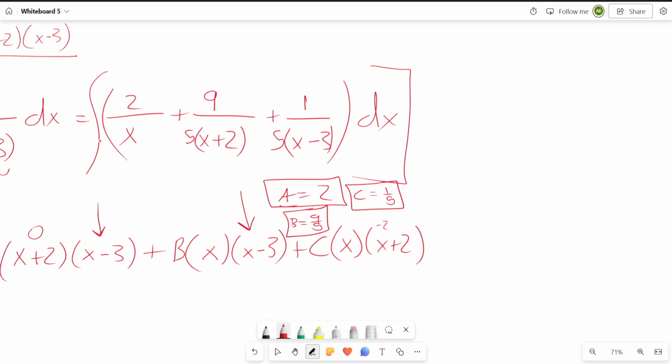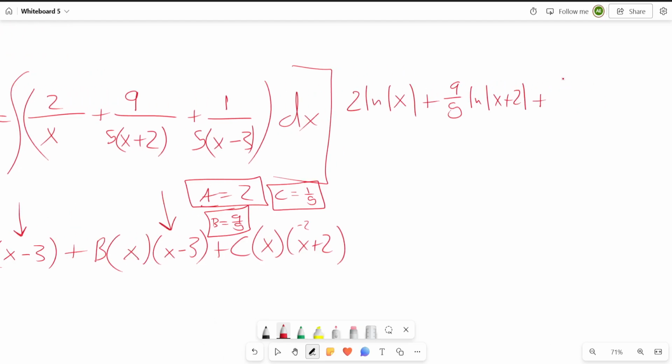So integration of this is going to be integration of 2 over x. This is going to be 2 ln of x, plus this is 9 over 5 ln of x plus 2, and then plus 1 over 5 ln of x minus 3 plus c, and this over here is the answer I am looking for.